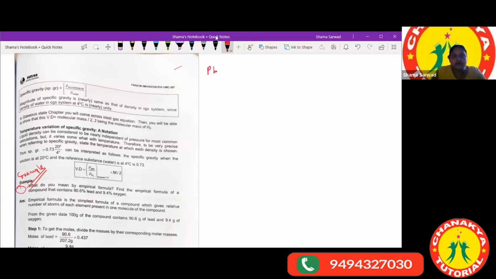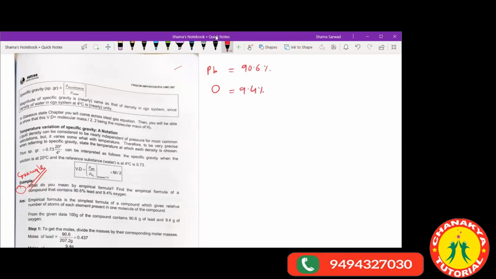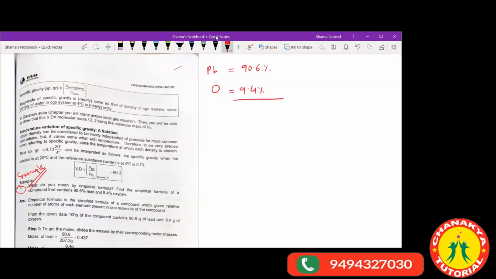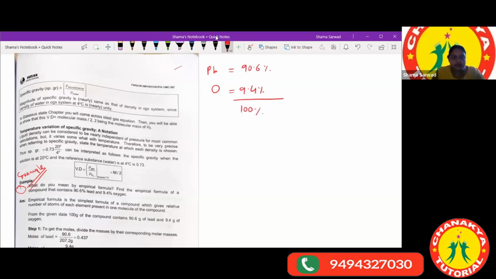And the other one is oxygen, O. The percentage of lead is 90.6%, right? And the percentage of oxygen is 9.4%. Do the addition, whether it is 100% or not. Yes, ma'am, 100%. Correct?